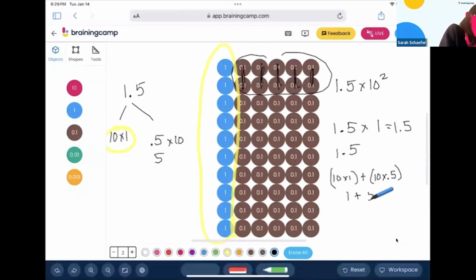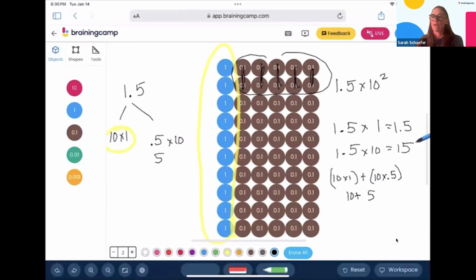I'm sorry, 10 groups of 1 is 10, and 10 groups of a half is 5. And when we combine those, we can say that 10 times that value is 15. So let's go back. Did the 1 become 10 times larger? Did that digit move from the 1 to the 10s? We can imagine that digit moving, and then that 5/10.